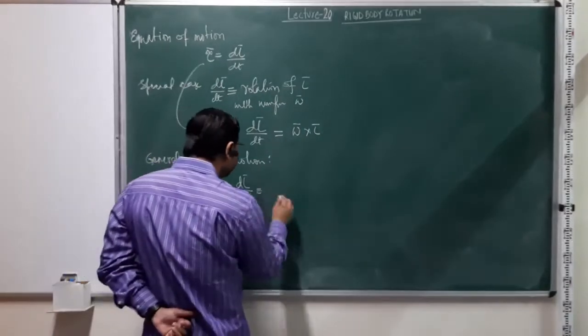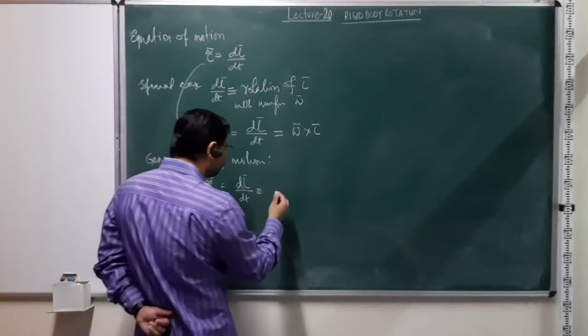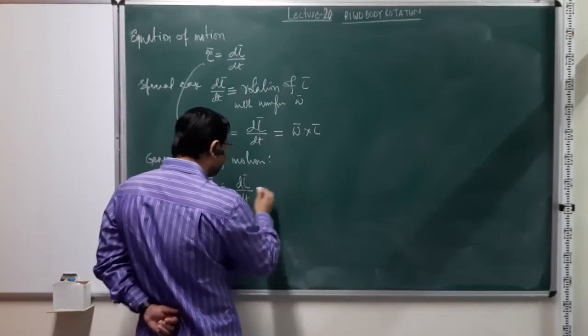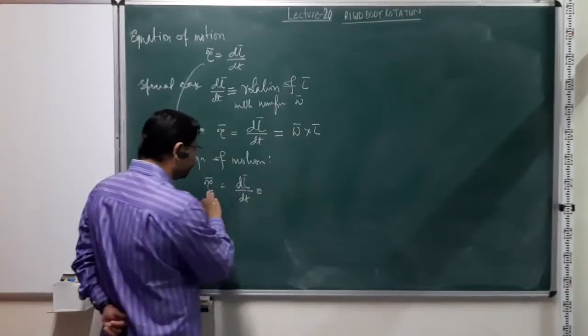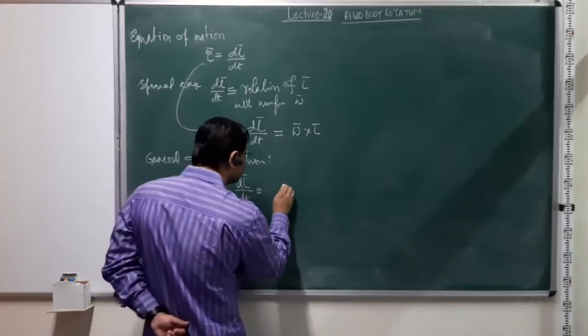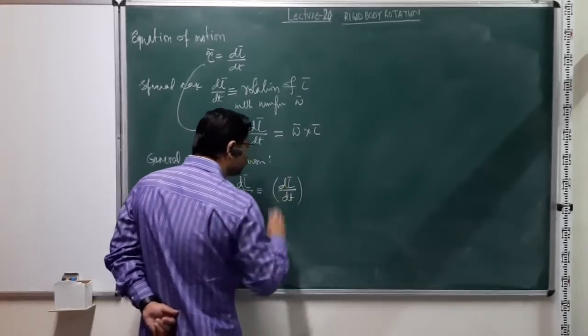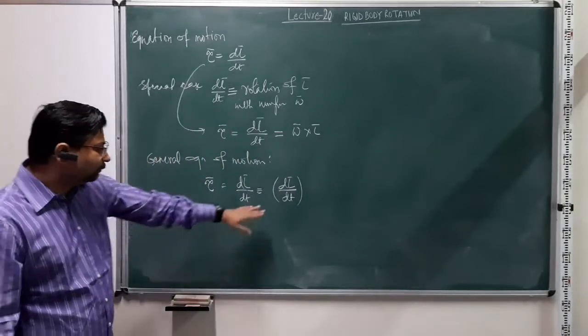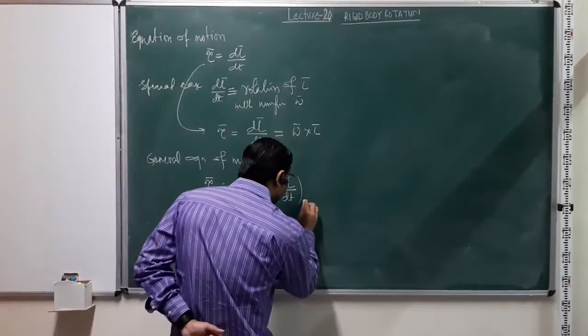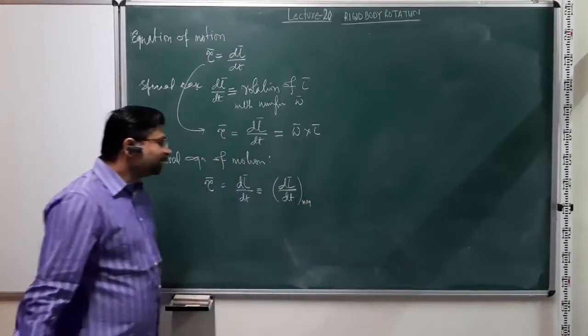So in general, we can write down the torque as the rate of change of angular momentum, where I am writing this as magnitude.